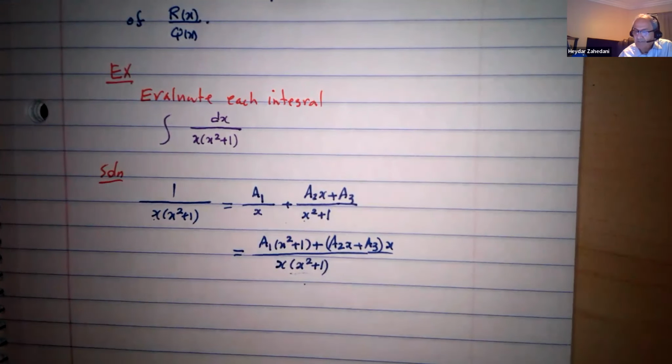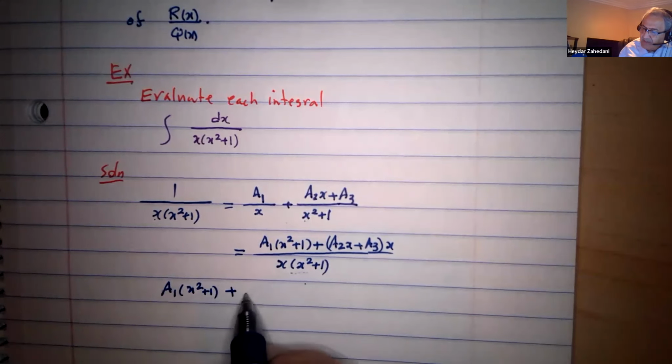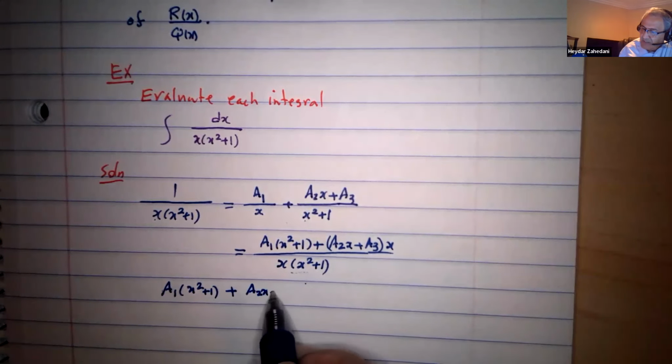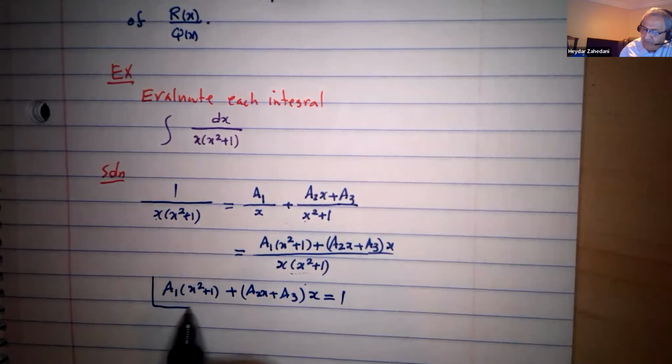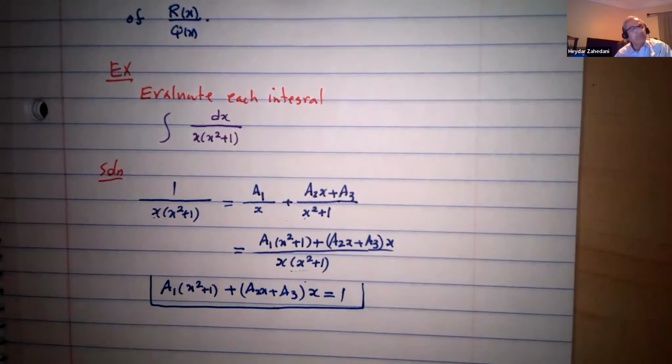Now let the bottoms cancel each other. It's going to be a1 times x squared plus 1 plus a2x plus a3 times x equal to 1.